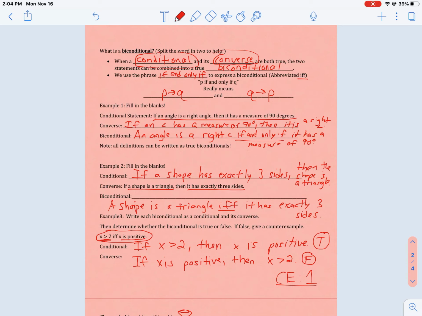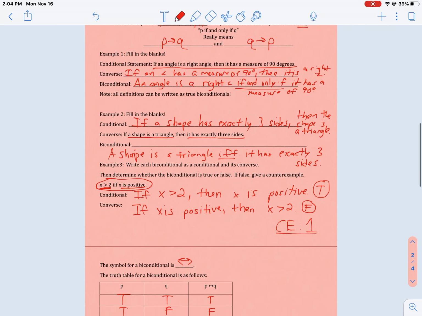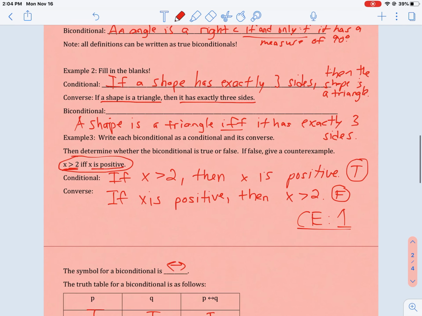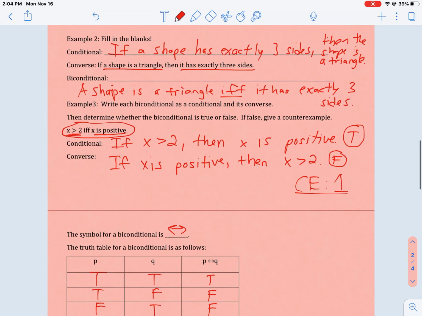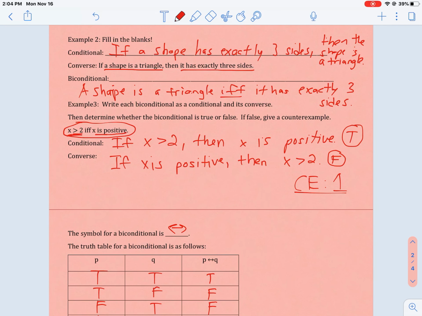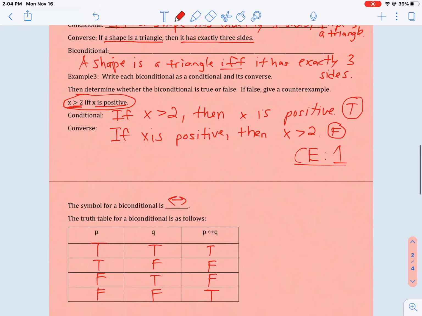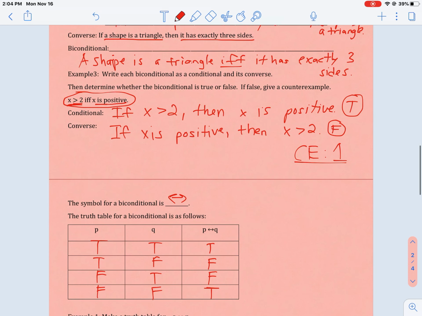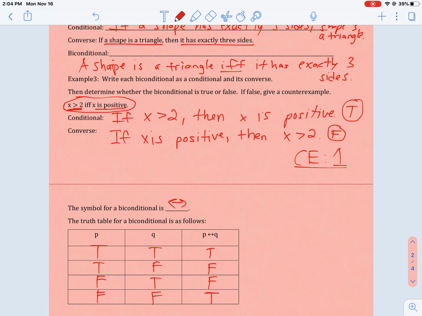And to find out if a biconditional is true or false, we have to break it down and see whether one of the statements is false.